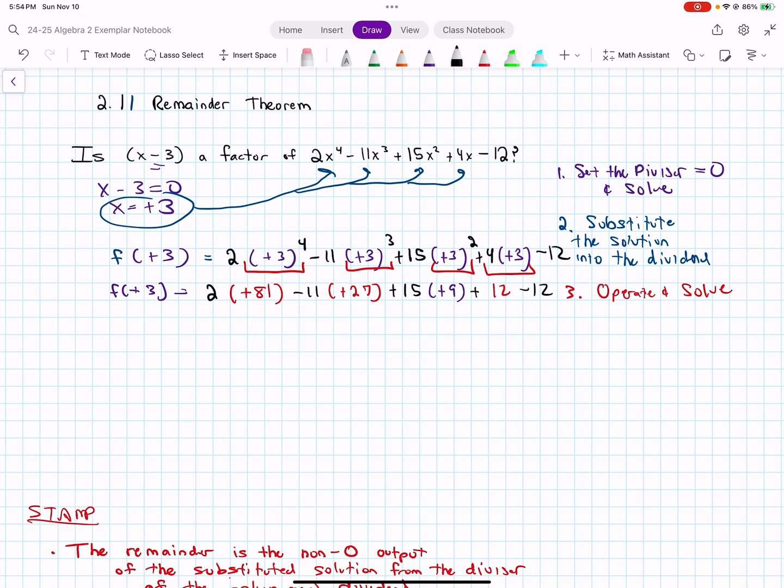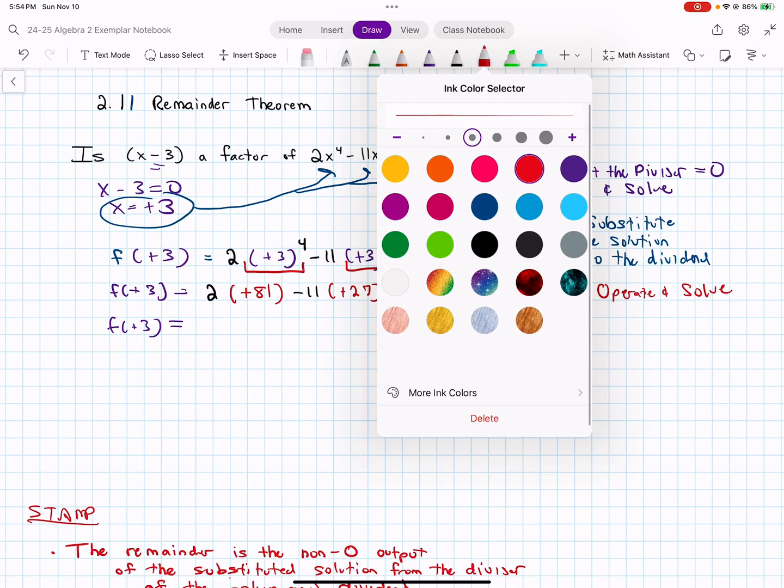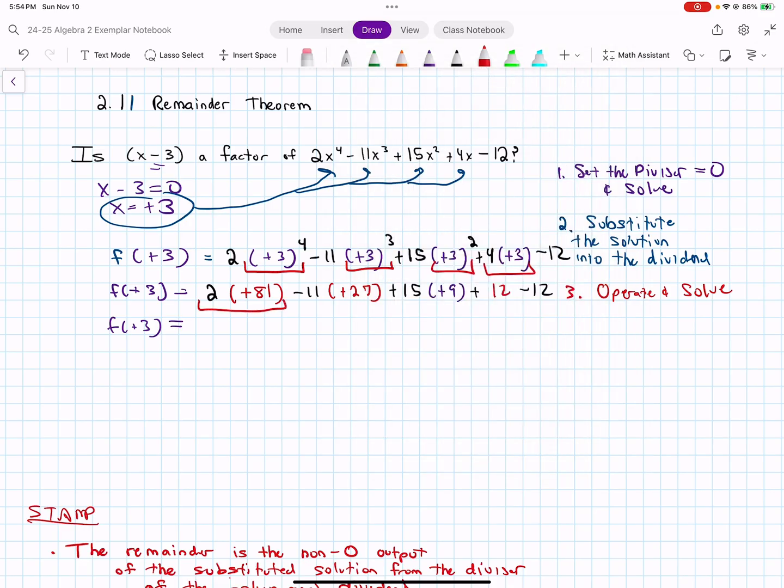All right. f of positive 3 equals 2 times 81, which is 162. Negative 11 times 27 is negative 297. 15 and 9 is positive 135.